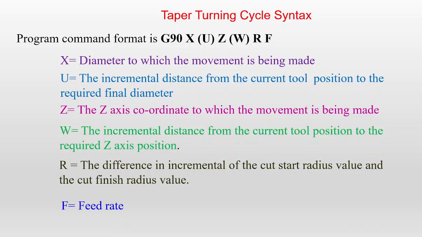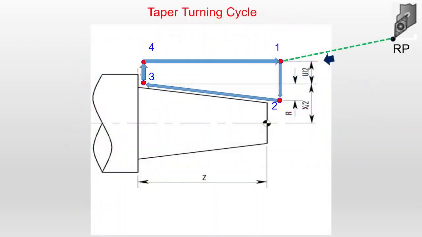And F indicates the feed rate. We assign the feed rate based on the tool material, workpiece material, and surface finish required. Based on those parameters we can decide the feed rate. Now once again you can see how the tool is moving. In this simulation, the tool enters from the reference point to the tool entry point, and from the tool entry point to the second point the tool moves like this.